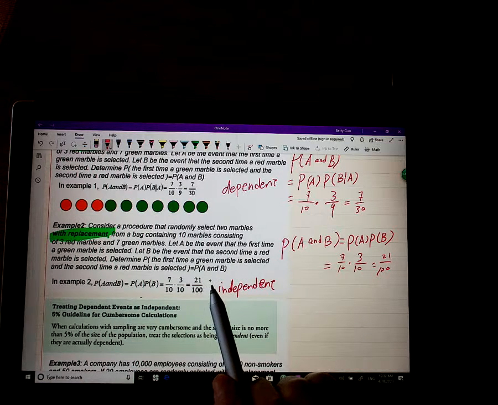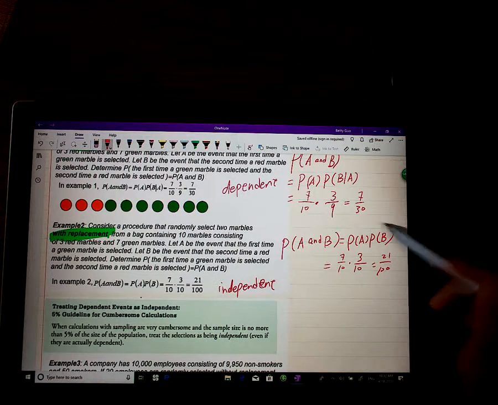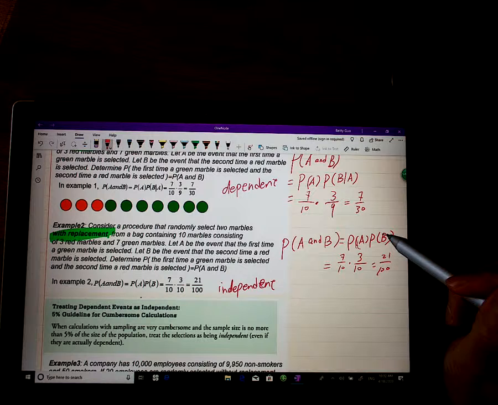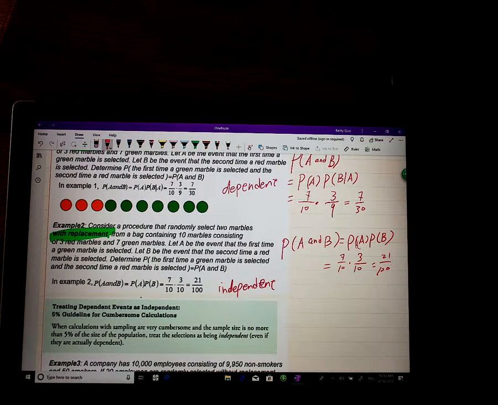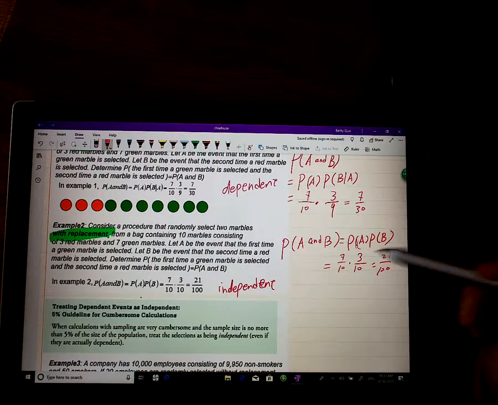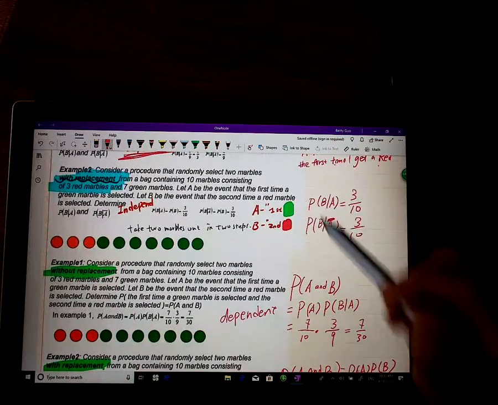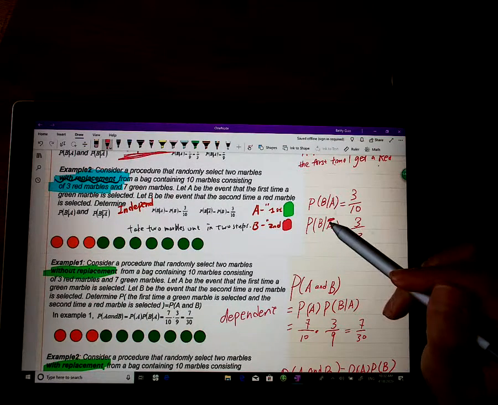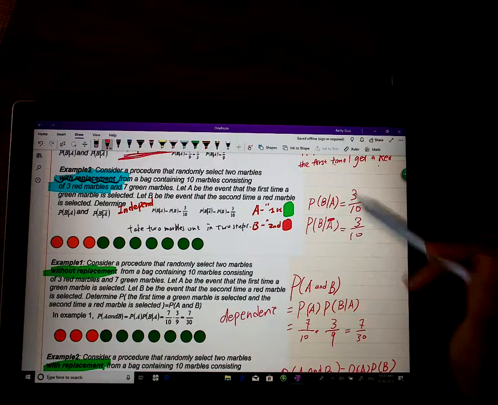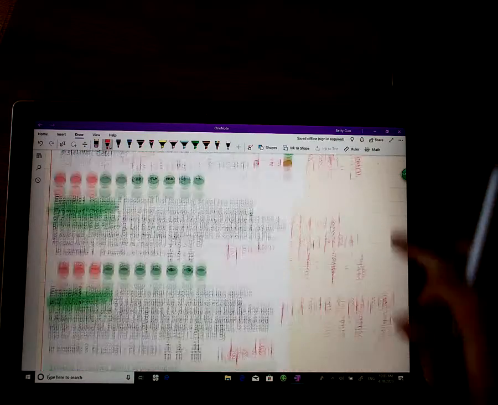Because in the case that A and B are independent, A occurs or not doesn't affect the probability of B. The first step, what kind of marble you get, doesn't matter because you put it back after, right? So the probability of B would be 3 over 10. Like here. A occurs or not, the probability of B occurring is always 3 over 10.